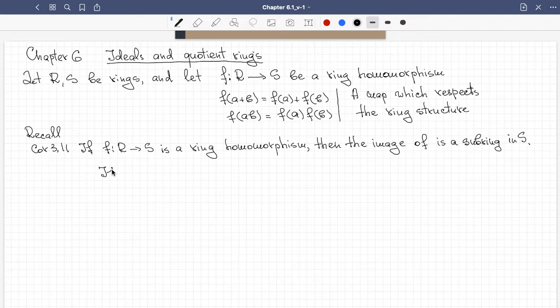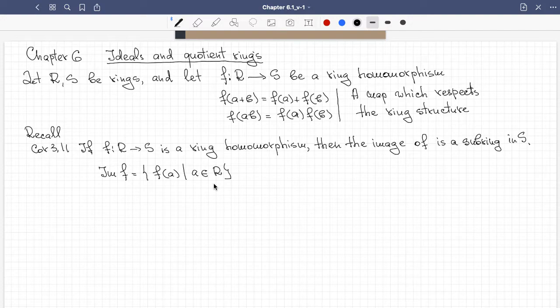Image f is the set of all elements f of a for all a's in R.